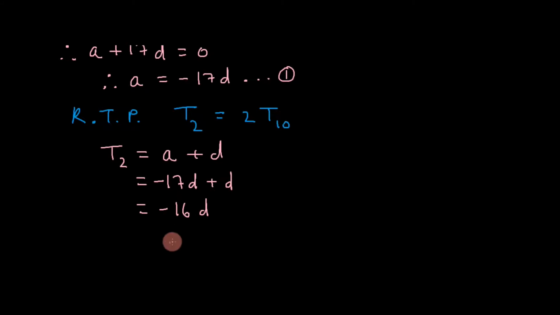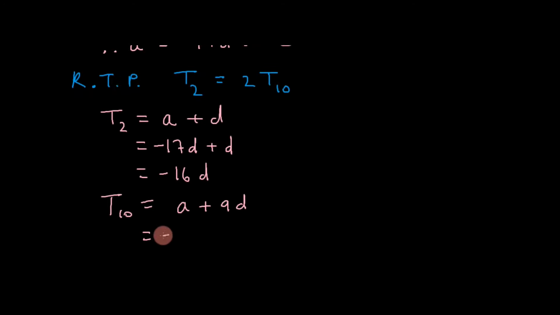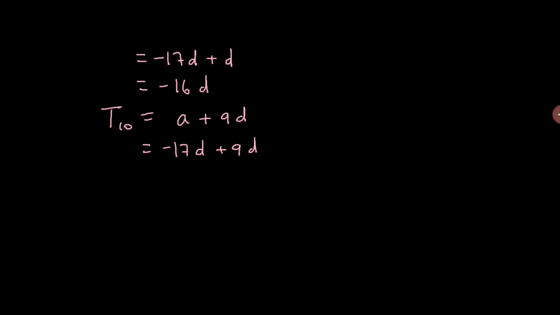Let's see what the 10th term comes to. So T10 is a plus 9d. And once again, we can replace a in this equation with negative 17d. So negative 17d plus 9d. And of course, this is negative 8d.